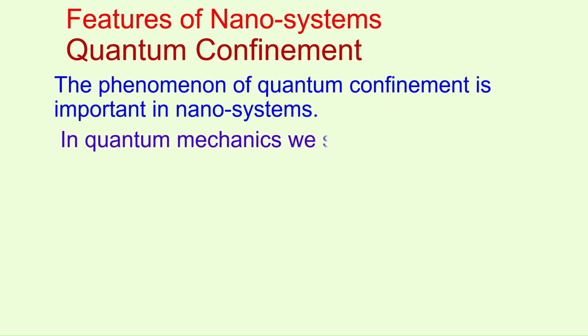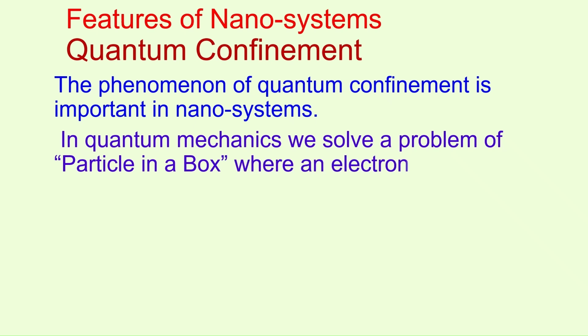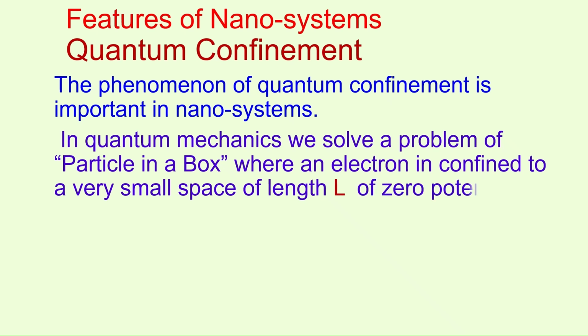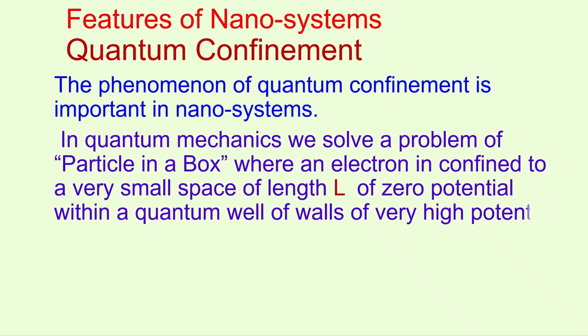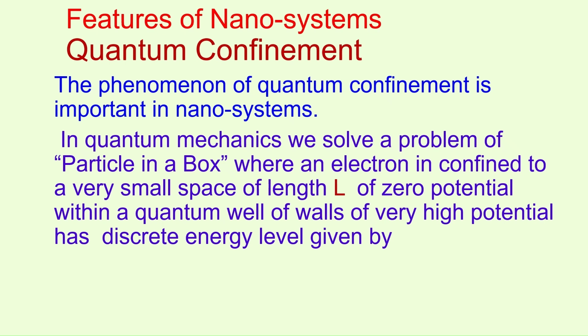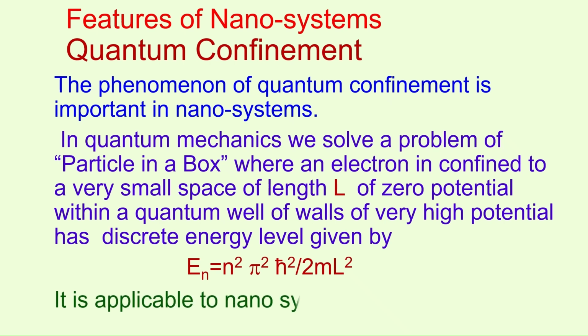In quantum mechanics, we solve a problem of particle in a box, where an electron is confined to a very small space of length L, of zero potential, within a quantum well, of walls of very high potential, so it has discrete energy levels, given by En equals n squared times pi squared times h cross squared divided by 2 m L squared. It is applicable to nanosystem or nanoparticles.